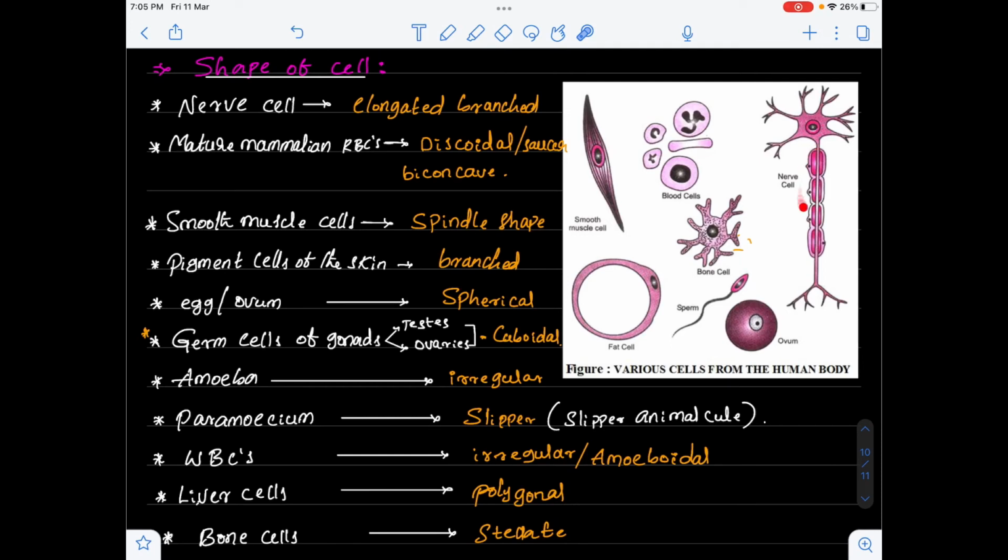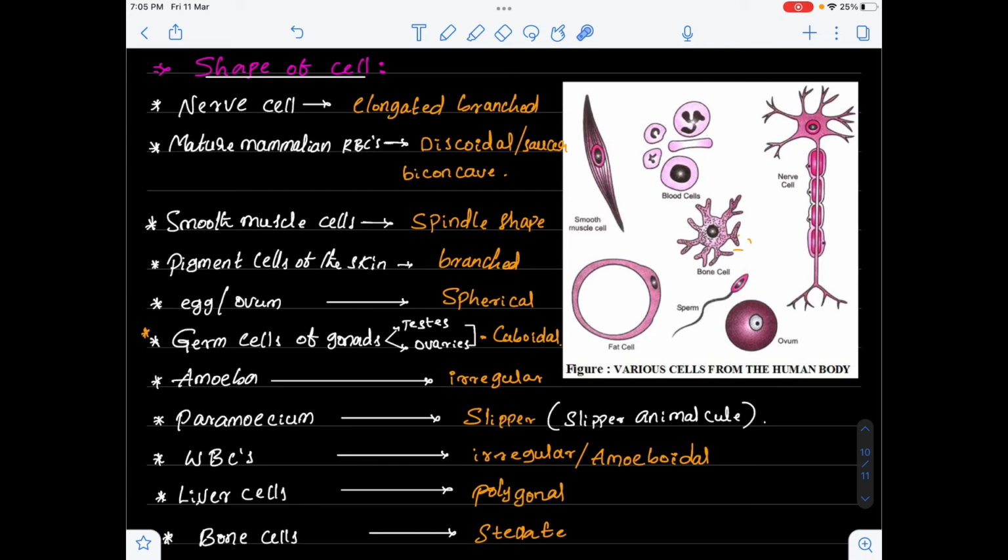Instead of elongated branched, if the cell is in oval or spherical shape, we would require more cells than are present in our body right now, and it may take a longer period of time to carry information from one part to another part.